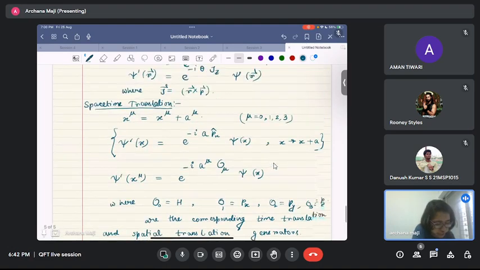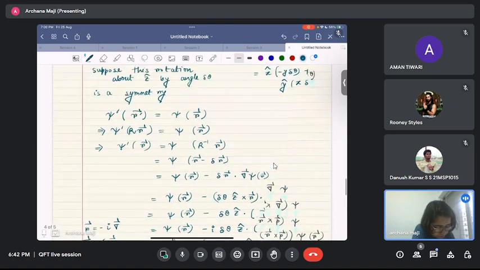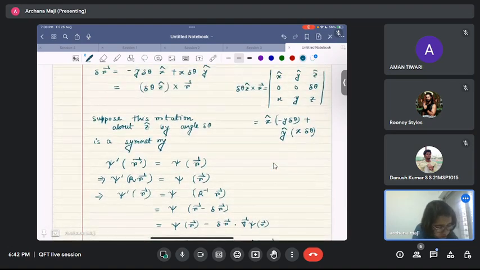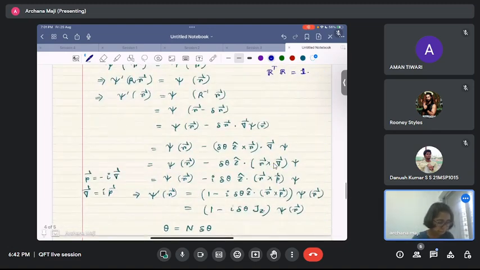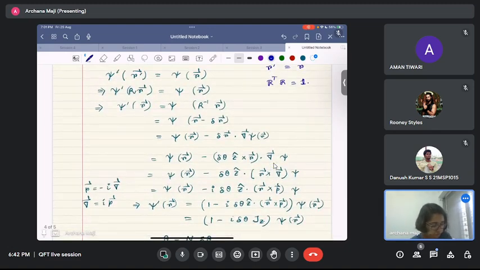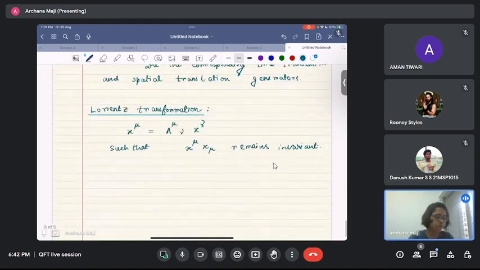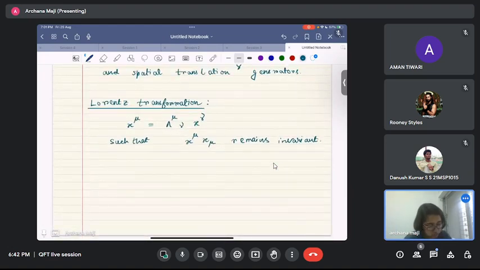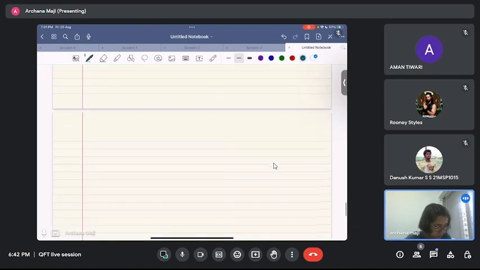Rotation also has that property that r vector square remains invariant. So r prime square remains equal to r square, and that gives you the property that r transpose r is basically identity. Likewise for Lorentz transformation, this is the constraint that lambda has to satisfy.